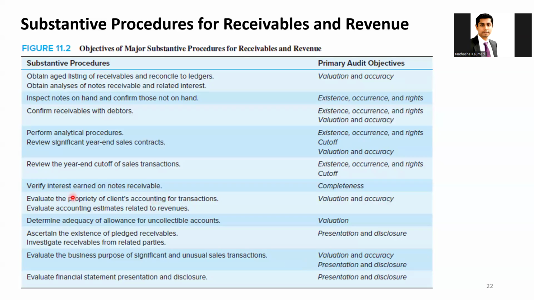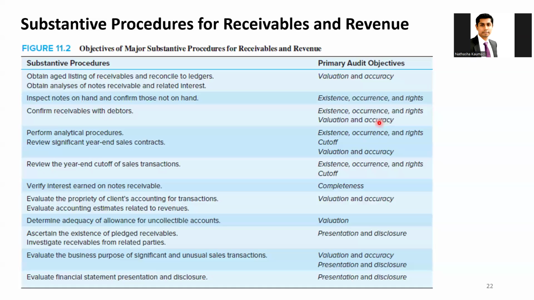Just take this one: perform analytical procedures. What are the assertions you are going to cover? Existence, occurrence, and rights and obligations. Confirm receivables with debtors. That means calling external confirmations. You are going to cover existence, occurrence, rights, valuation, accuracy. Likewise, there can be several assertions going to be covered, right?